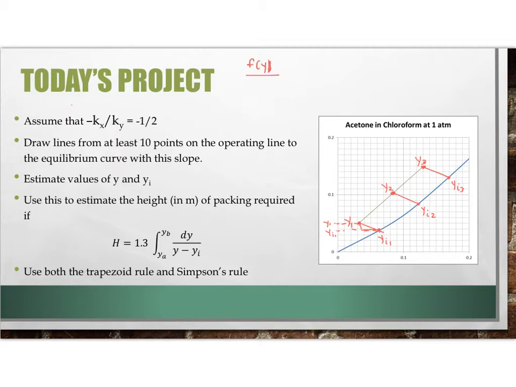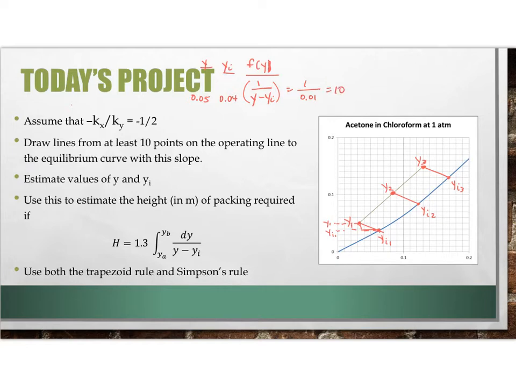Your function of y is 1 over y minus yi. So you want to record, I usually do a y column and a yi column, and then evaluate the function. In this first case, y looks like it's 0.05, and yi we'll just go with 0.04. So this is 1 over 0.01, which is equal to 10.